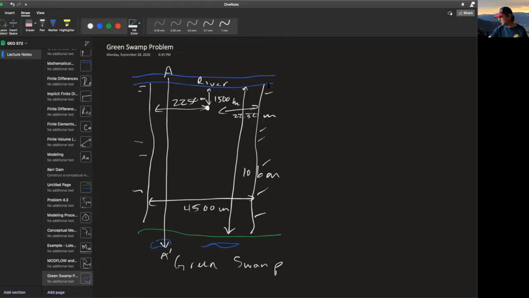What else? All right, so if I look from A to A prime, so this is map, cross section. So 980 meters.